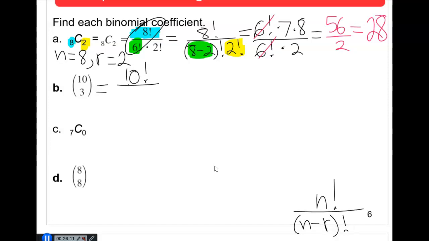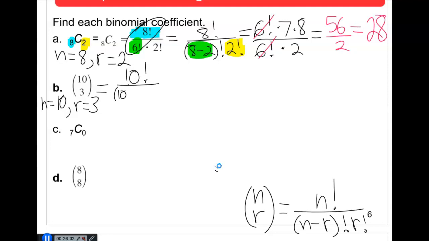This definitely is one of those formulas you want to keep on your formula sheet. And this is the combination of n choose r. So if we say that n is equal to 10 and r is equal to 3, then we will have 10 factorial, and then 10 minus 3 factorial, and then times 3 factorial.